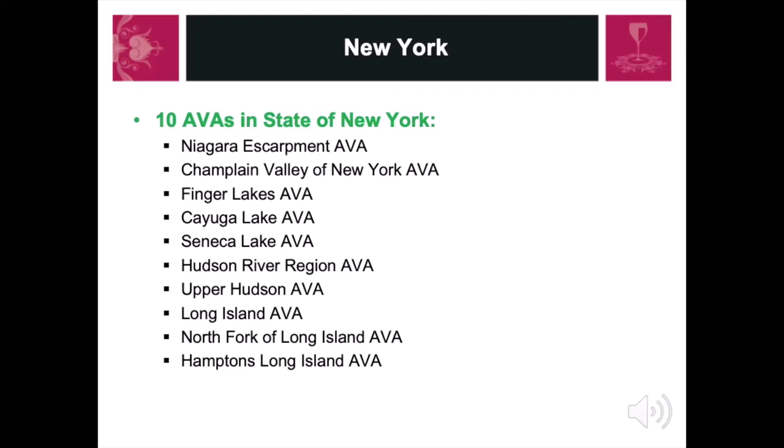So I'll refer to the AVAs more than once, and some, of course, are sub-AVAs of other AVAs, and I think there are more explicit slides on those. Okay, moving on here.